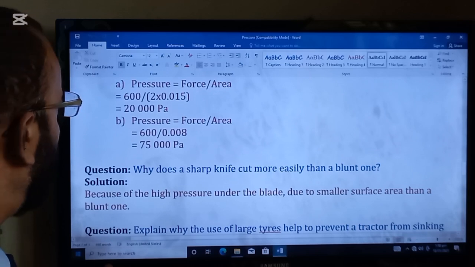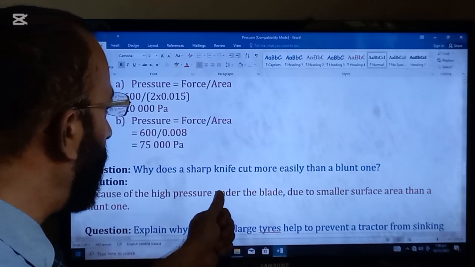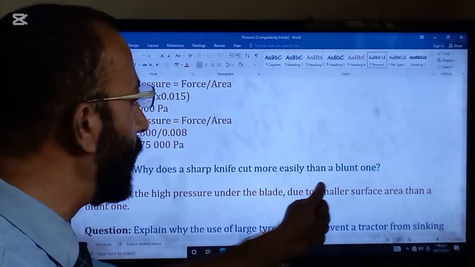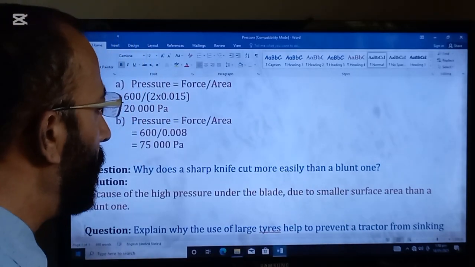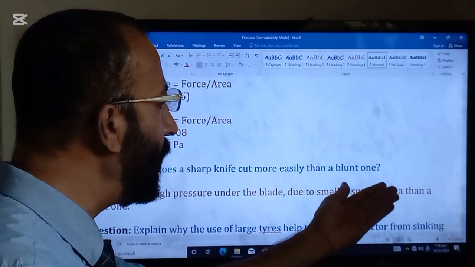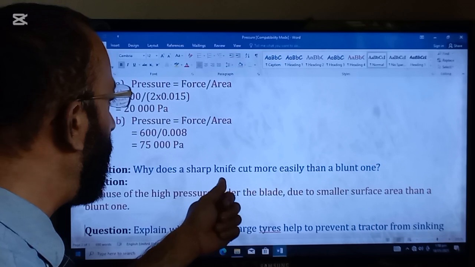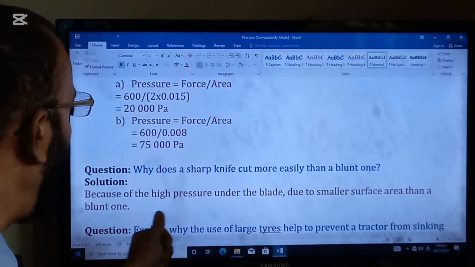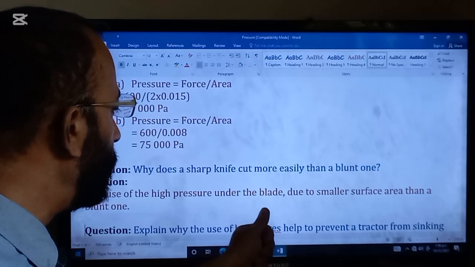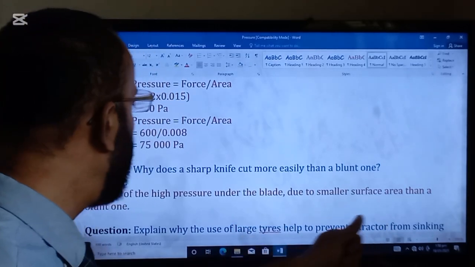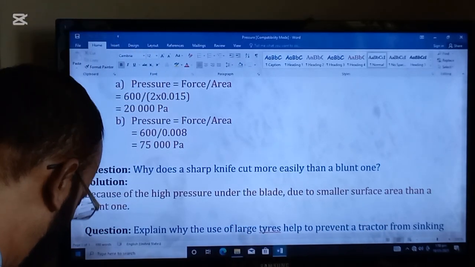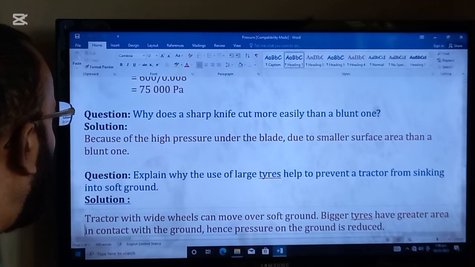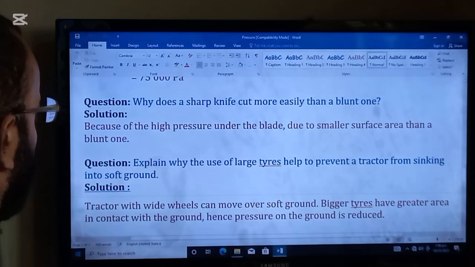Another question is here. Why does a sharp knife cut more easily than a blunt one? Because a blunt one has a larger area and a sharp knife has a smaller area. So the answer is because of the high pressure under the blade due to smaller surface area than a blunt one. And another question is here.